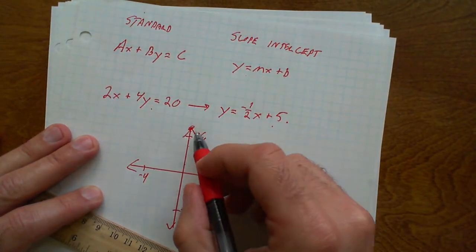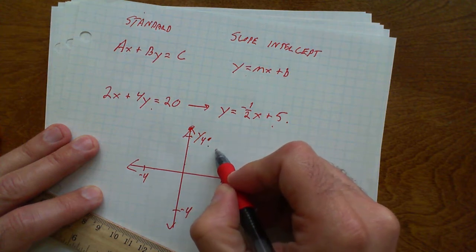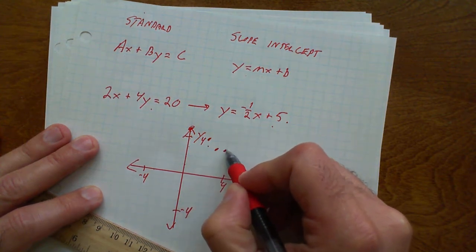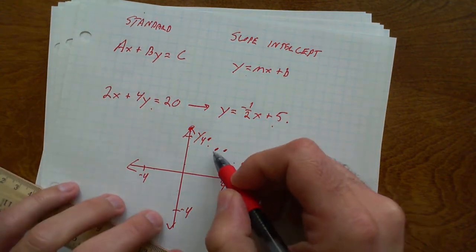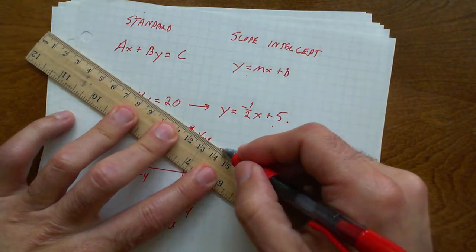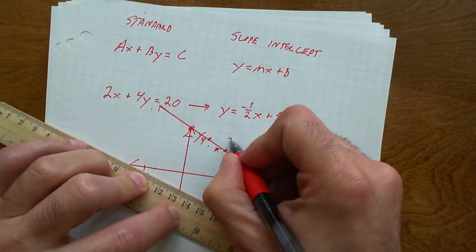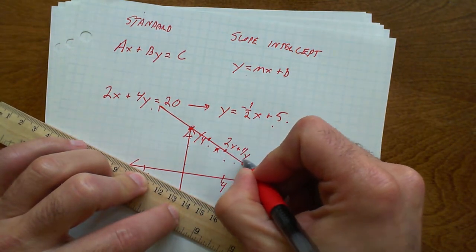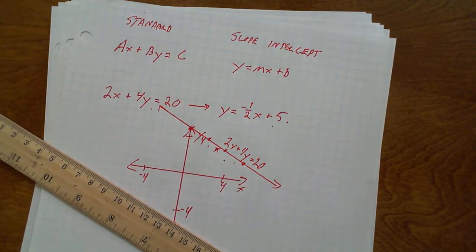And negative 1/2 means I go down 1 over 2, down 1 over 2. Whoops, down 1 over 2 is right here. Down 1 over 2. Ignore that one. That one is not a part of my line. And there you go. That is 2x plus 4y equals 20, or y equals negative 1/2 x plus 5.